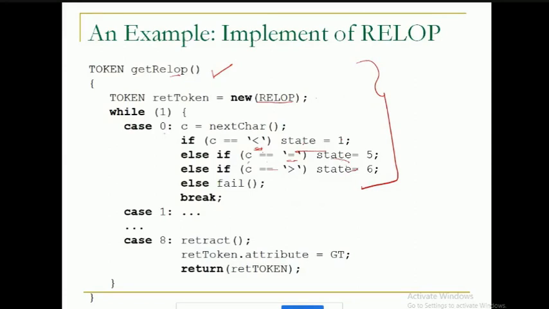Can you map this relational operator program with your transition diagram? Only if you map these can you write the programs in lab sessions. Similarly, we have to categorize each token like this.